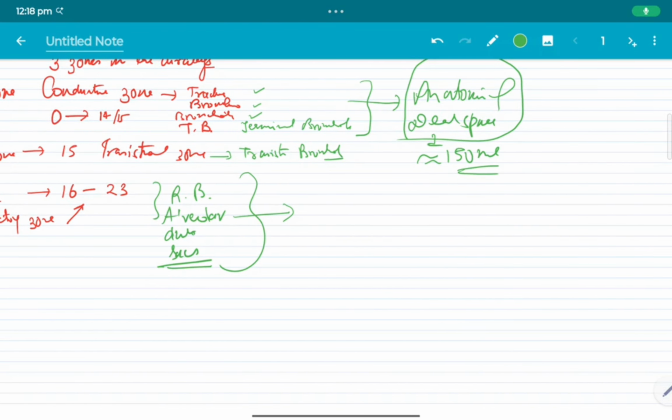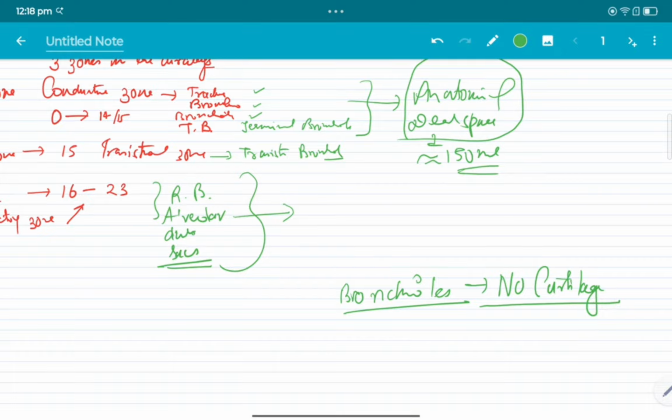Another important feature to note down is that the bronchioles do not have cartilage. You will have cartilage only in the trachea and bronchi. Okay.